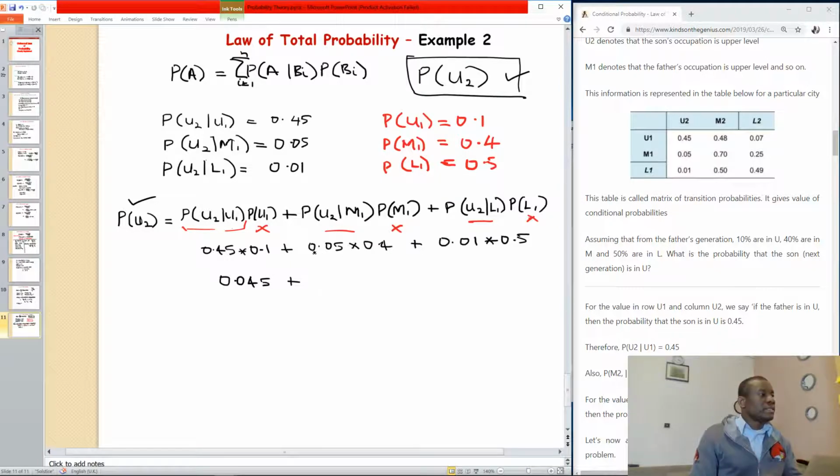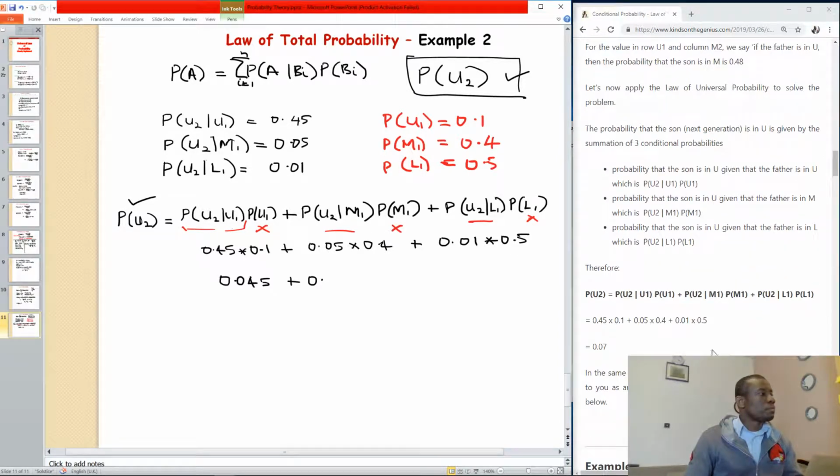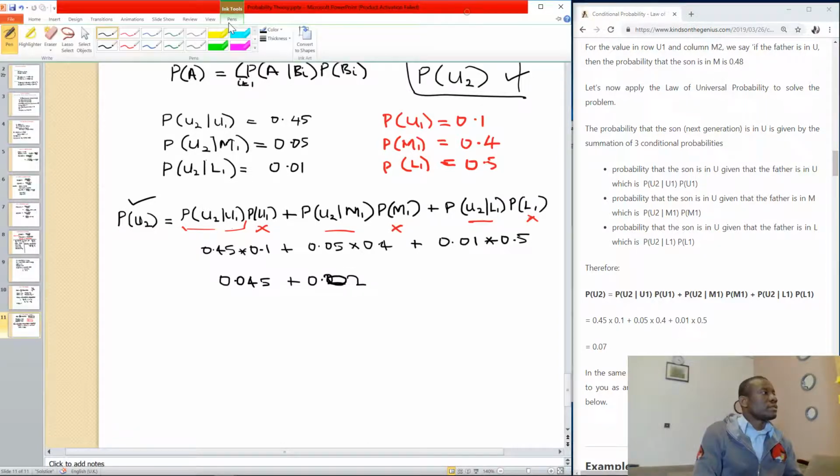Plus 0.05 times 0.4 will give us, I think it should give us 0.02. So let me write it clearly.